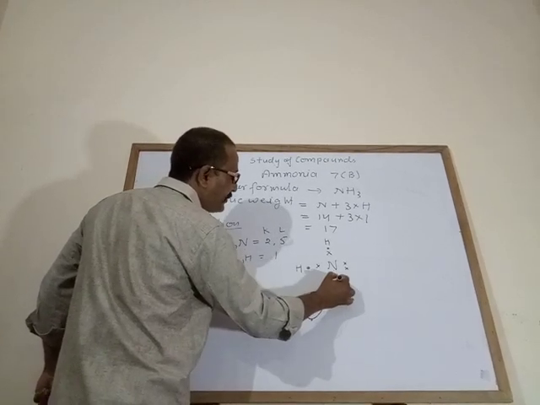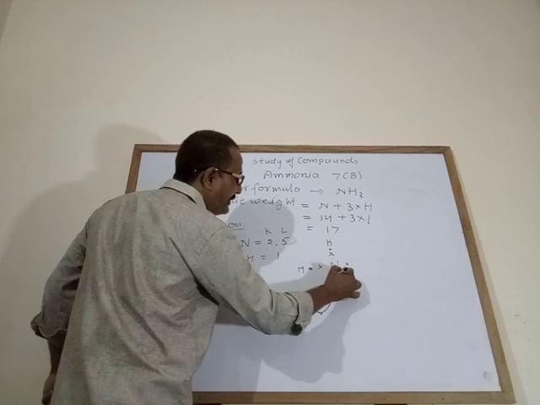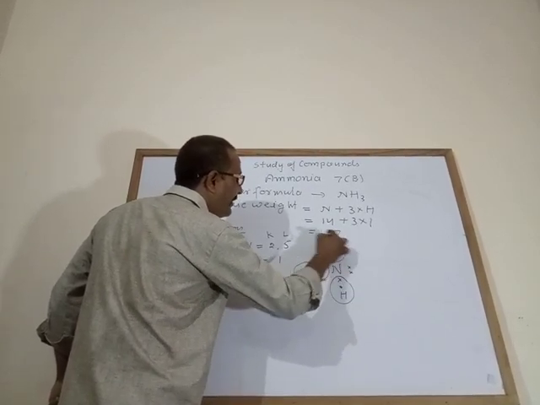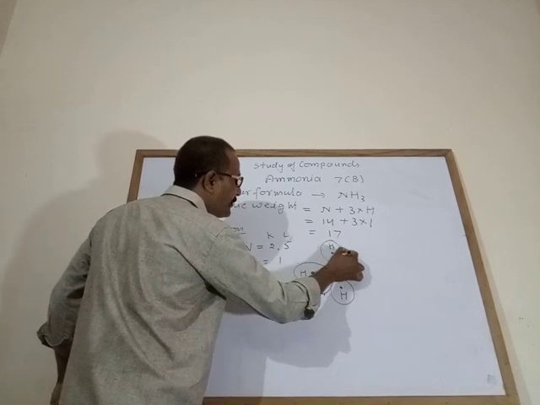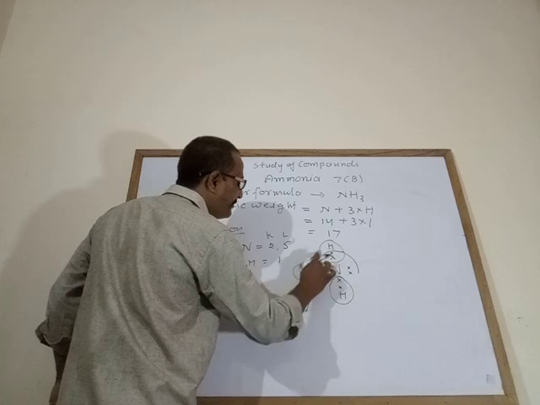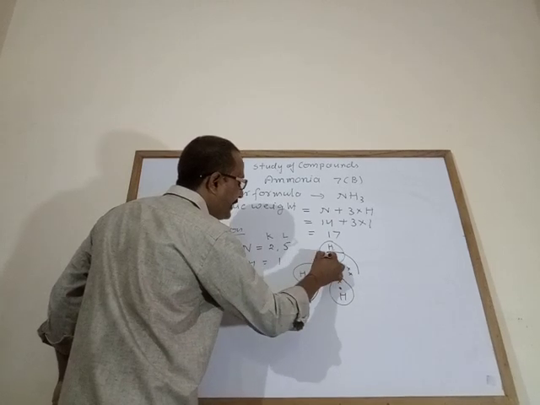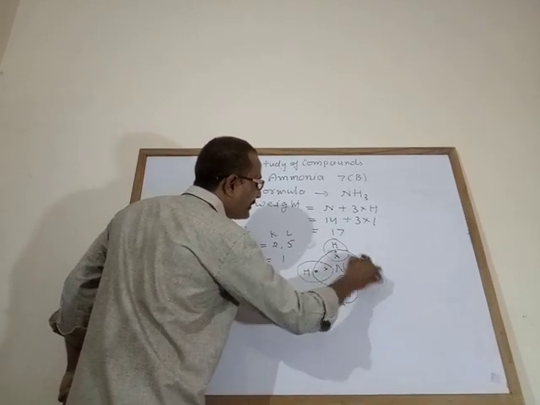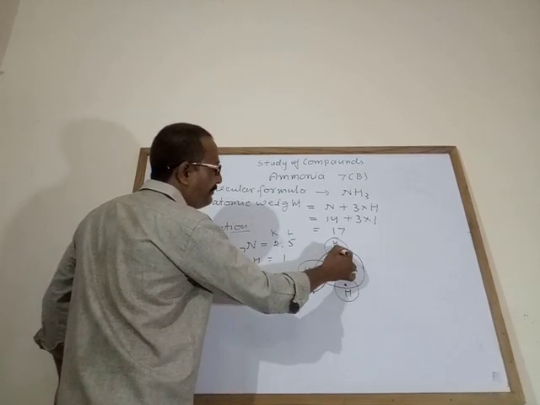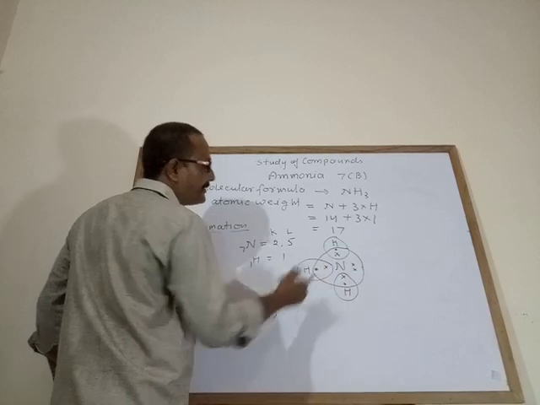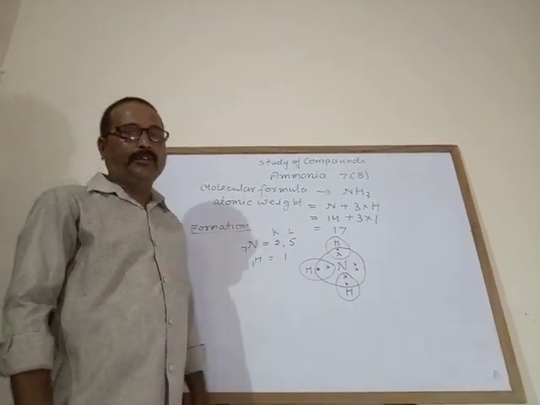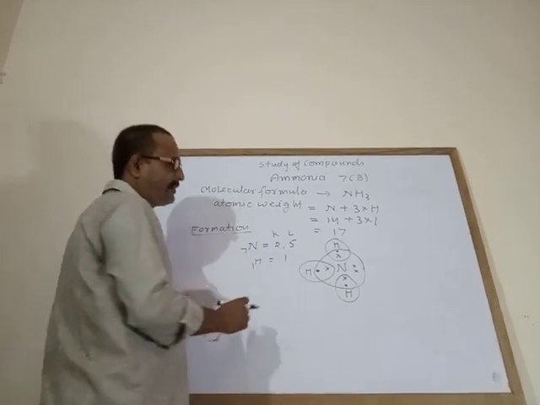See that the duplet of hydrogen is completed, and the octet of nitrogen is also completed. Octet means 8 electrons. Duplet of hydrogen, and nitrogen having 5, 6, 7, 8. This is called the electron dot diagram or Lewis dot diagram.